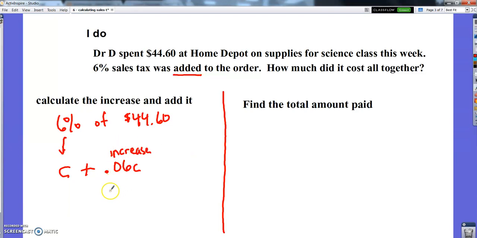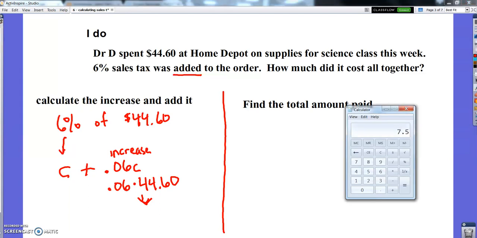So I'm going to do 6% of 44.60, which looks like $2.68 after rounding up to 8 cents.